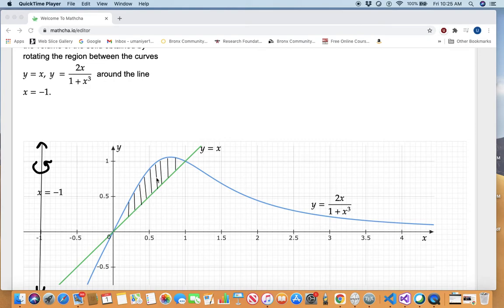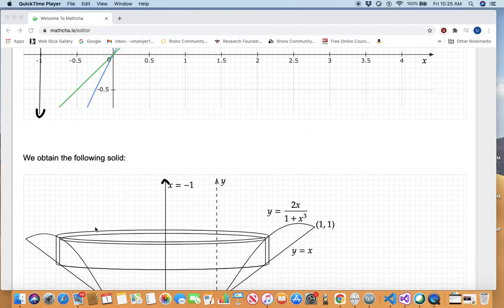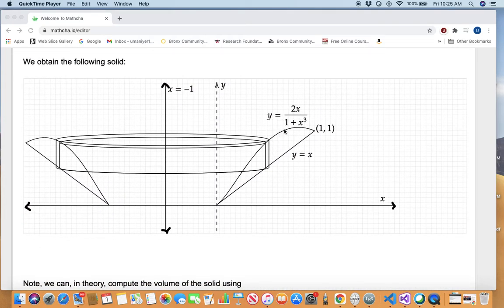You want to take this region and rotate it about this line. When you do that, you obtain a certain solid. So that's the region. Here is x equals -1 and you are rotating about it. So the solid goes around like this. That's why you have one more picture of this here.